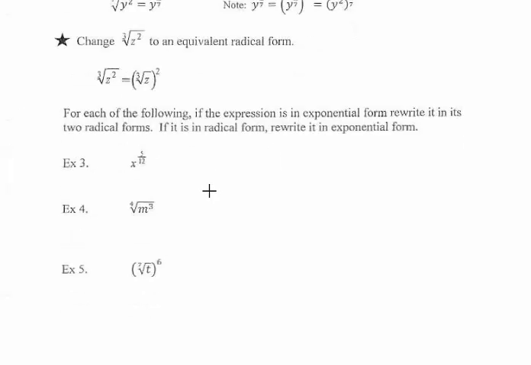Up at the top, you'll see three different expressions that are all equivalent to one another. There are two radical expressions and one exponential expression. We want to take examples 3, 4, and 5 and translate them into the other two expressions.